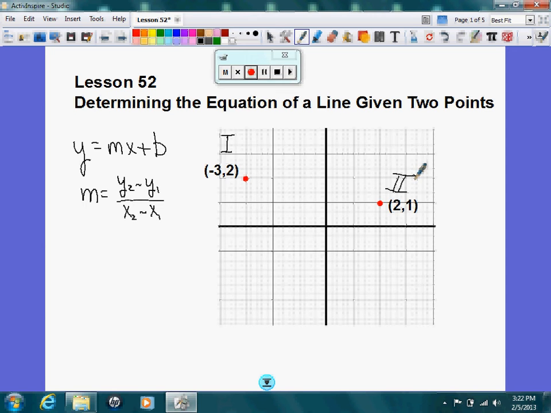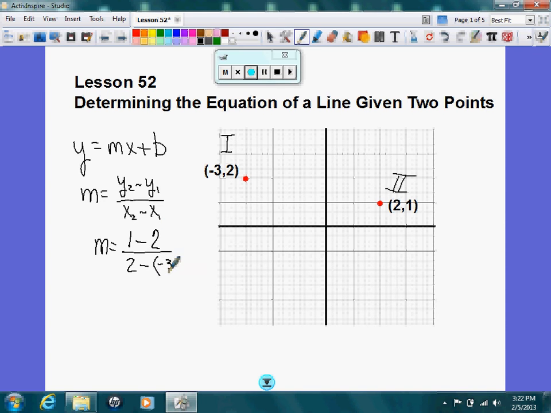Now we'll figure our slope. m is equal to the y value at point 2, which is 1, minus the y value at point 1, which is 2, divided by the x value at point 2, which is 2, minus the x value at point 1, which is -3.